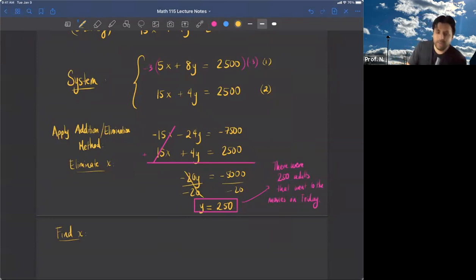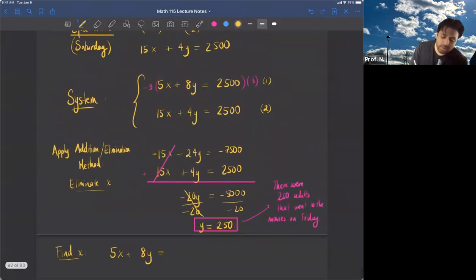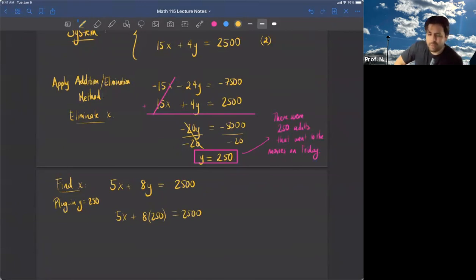Put Y into one of the equations. Very good. That's right. So let me use the first equation. 5x plus 8y equals 2500. So I'm gonna plug in Y. Plug in Y equals 250. Then I get 5x plus 8 times 250 equals 2500. And then what's 8 times 250?